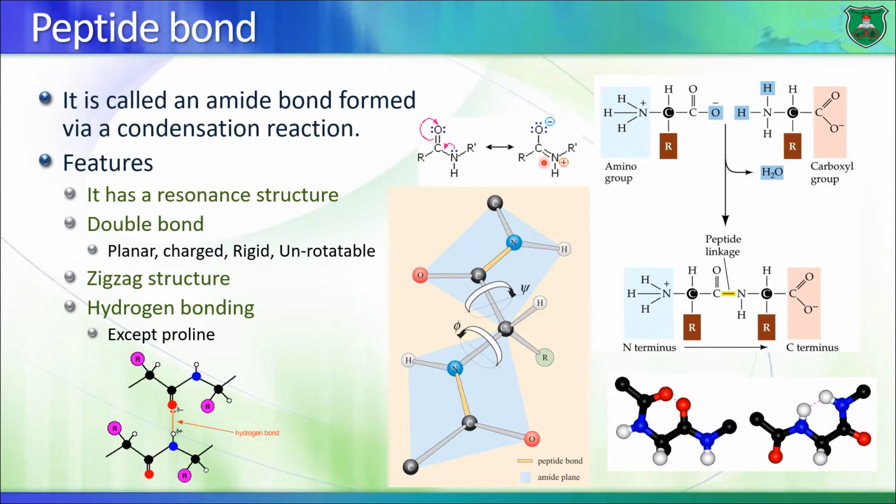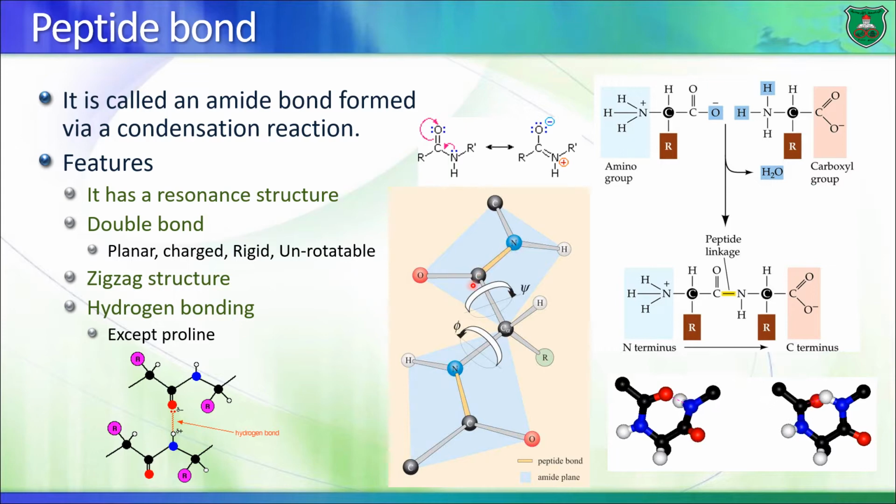Because of this double bond characteristic of the peptide bond, it makes the group right here, the carbonyl and the amide, planar, meaning that it is flat. This is a peptide bond right here: that's the carbon, that's the nitrogen.